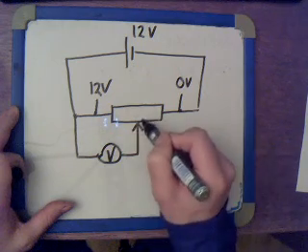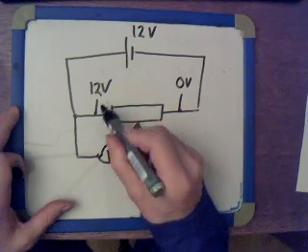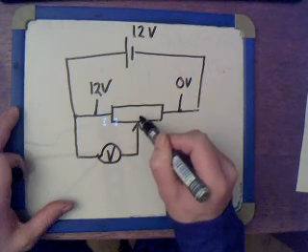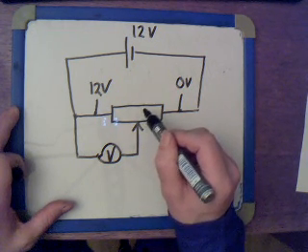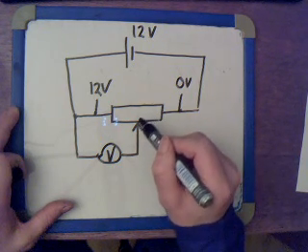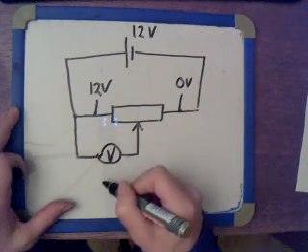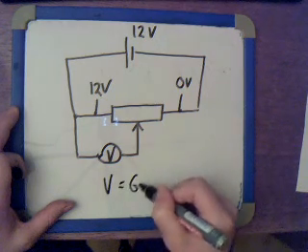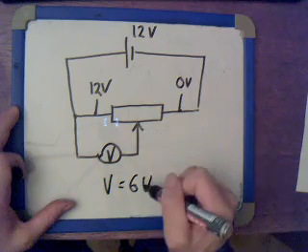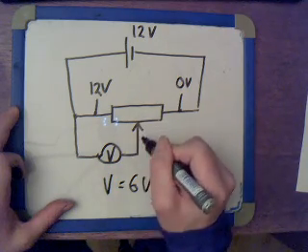So here it's halfway along that resistance. That's 12 volts there, 0 volts there. Halfway along we're going to have a potential drop of, in fact, 6 volts. So in this position V is equal to 6 volts, because the resistance is proportional on that wire, so when we split it in half there, that's 6 volts.